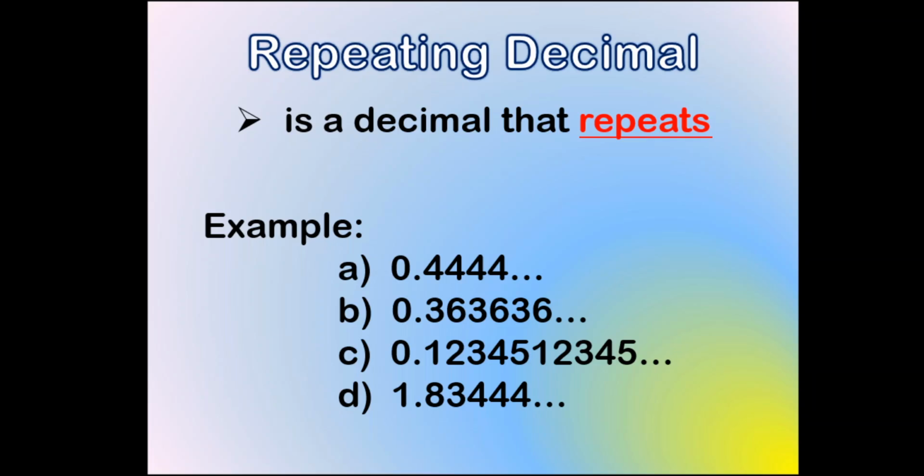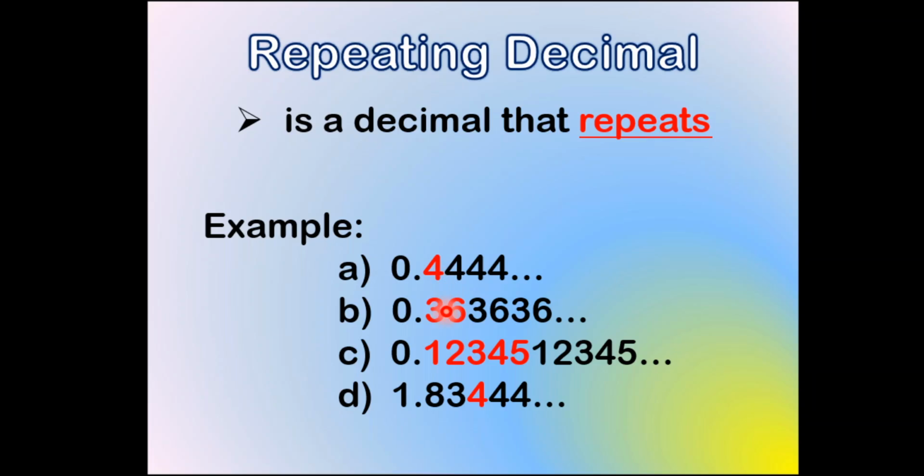Another type of rational numbers are the repeating decimals. Now a repeating decimal is a decimal that repeats. For example, we have 0.444. Then look at the three dots that follow. This means this decimal doesn't end. As you can see on letter A, the repeating digit is the digit 4.